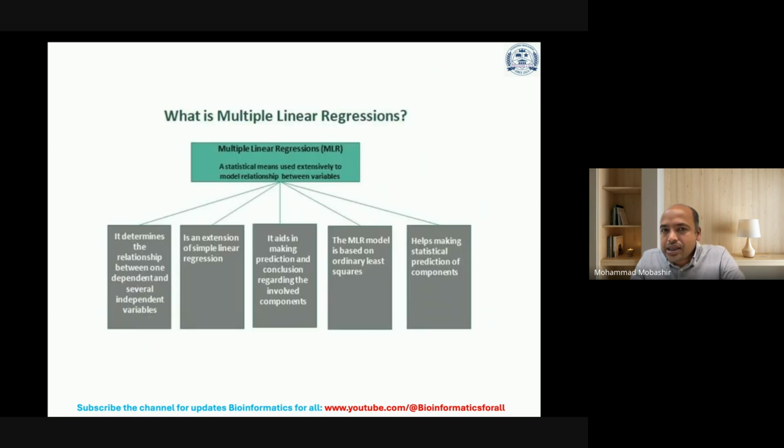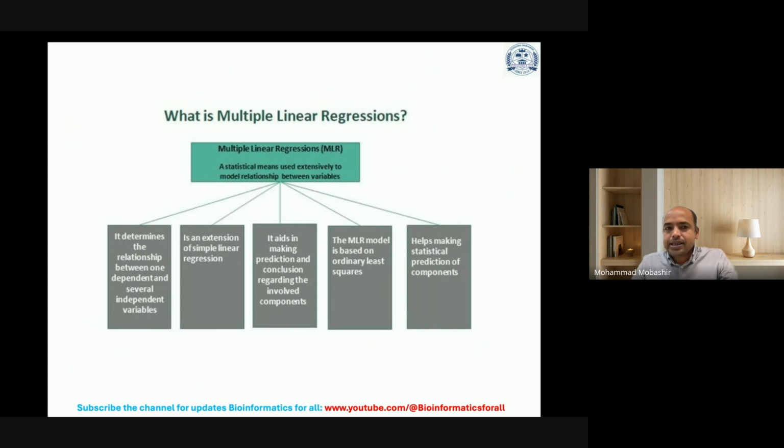So what is multiple linear regression, where can it be applied, and what are its pros and applications? It is a statistical means used extensively to model the relationship between different variables.